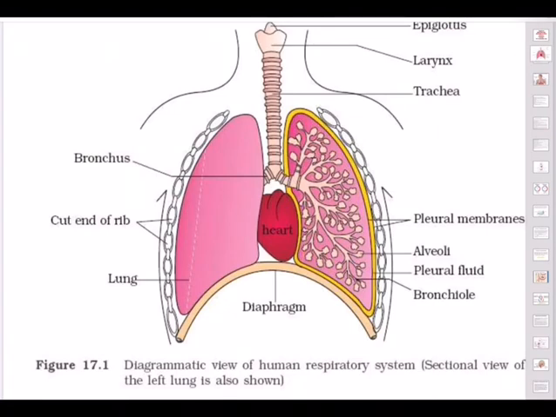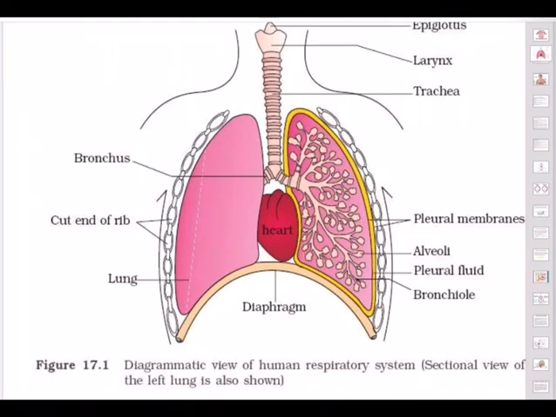Next, utilization of O2 by the cells for catabolism and resultant release of CO2, that is cellular respiration, takes place. So respiration is a biochemical process by which glucose present in the food is oxidized to liberate chemical energy, that is ATP, in a stepwise manner. So that's how respiration is different from breathing.